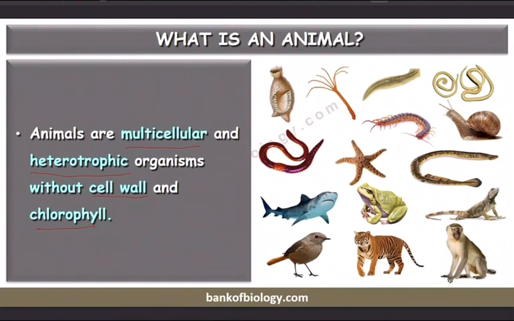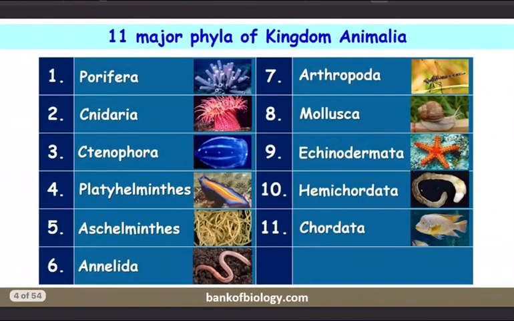They depend on different organisms for their food, and they don't have a cell wall. All of us animals will not have a cell wall. We have a cell membrane or plasma membrane, and we don't have chlorophyll. So basically animals are multicellular heterotrophic organisms without cell wall and chlorophyll. That should be the satisfactory definition of an animal.